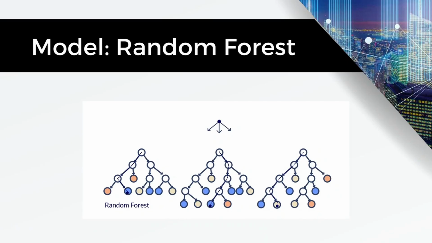Now, let's talk about why we chose random forest as our model. First, it handles complex patterns. Human behavior isn't a straight line. This model can easily learn complex relationships, such as how turnover risk changes with years of service, which simpler models miss.